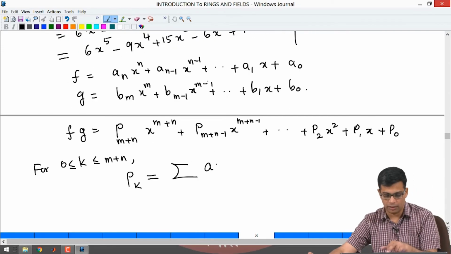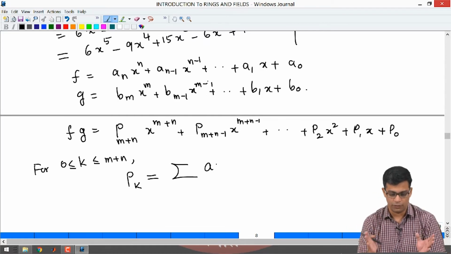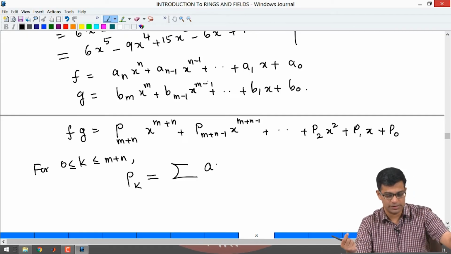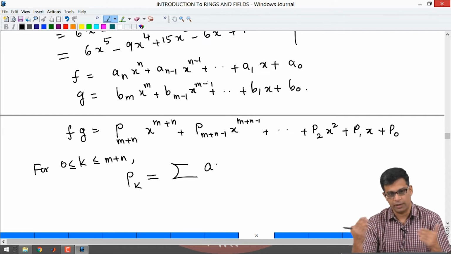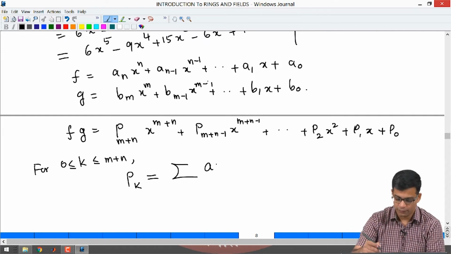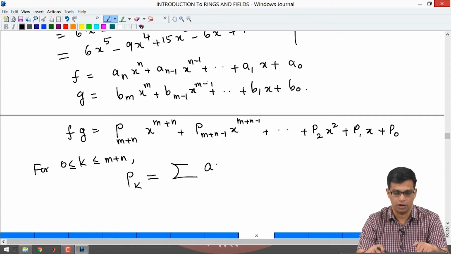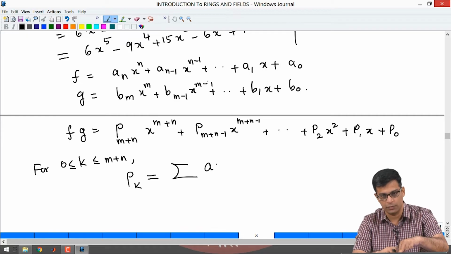In order to get the x^k term in the product, we can multiply two monomials, one in f, one in g, whose degrees add up to k. There might be several such choices. For example, to get x^5, you can multiply the x term in f with the x^4 term in g, the x squared term in f with the x cubed term in g, the x cubed term in f with the x squared term in g, and so on.